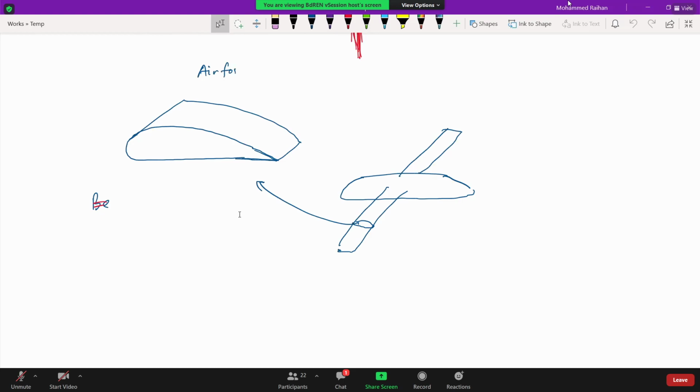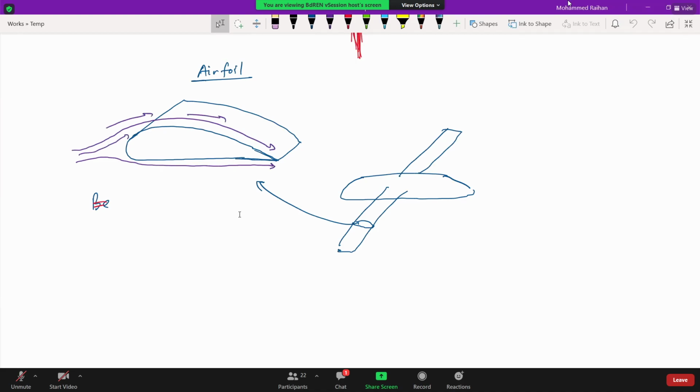That is the cross section of the wing. You see the air particles will be moving at the top, and air particles will be moving at the bottom too, right? These are the air particles that I'm showing.